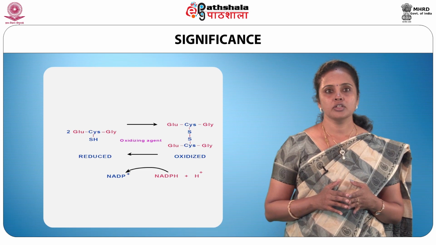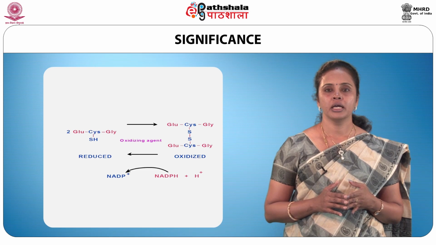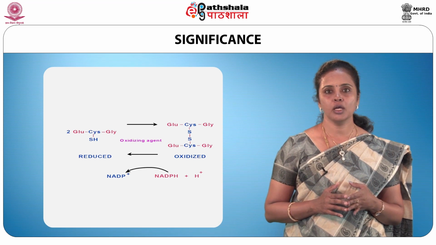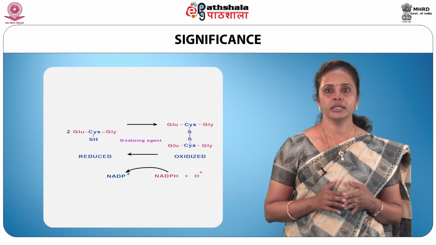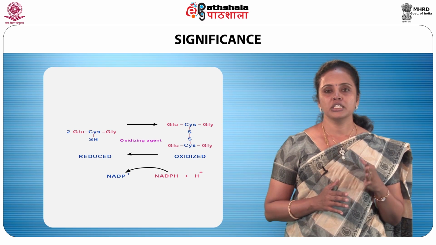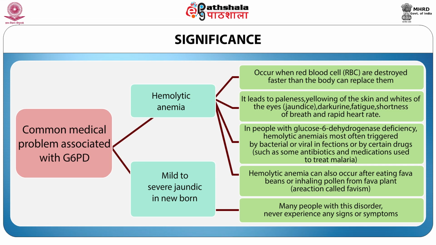The +3 state of the heme iron binds oxygen very poorly. Now, NADPH is used to supply the reducing equivalents to methemoglobin reductase, the enzyme which returns hemoglobin to its +2 oxidation state.